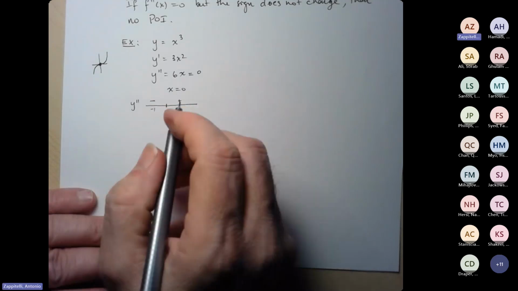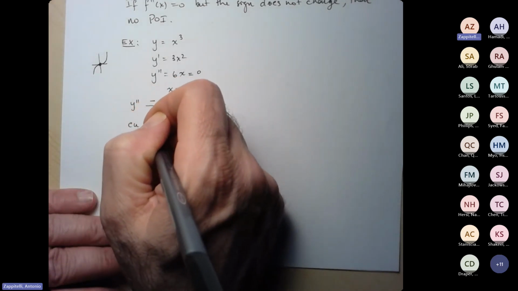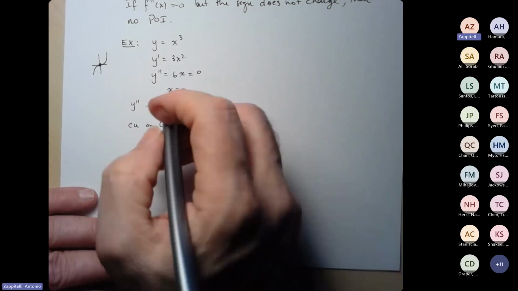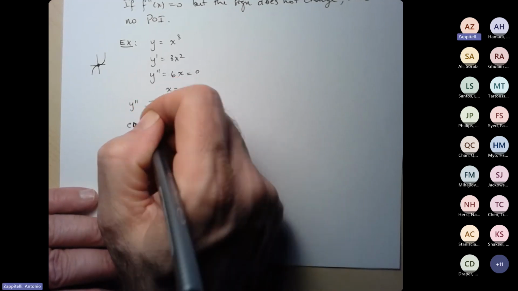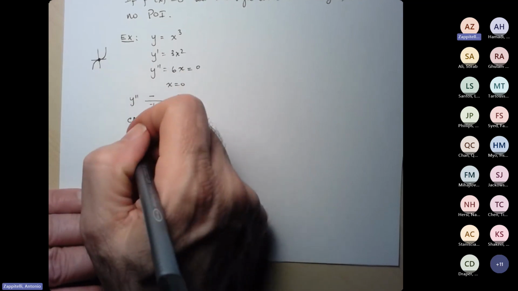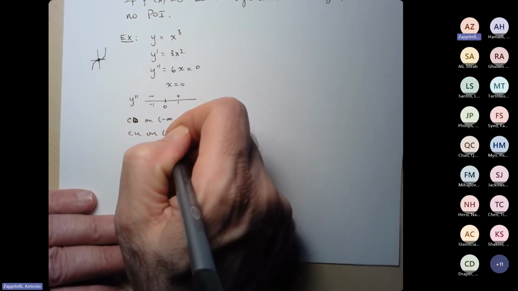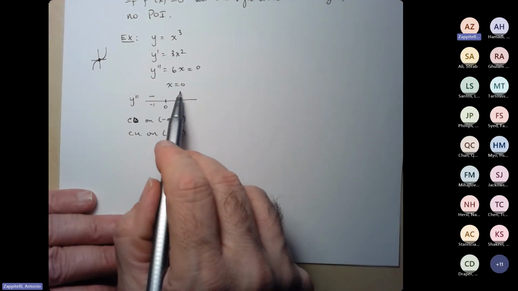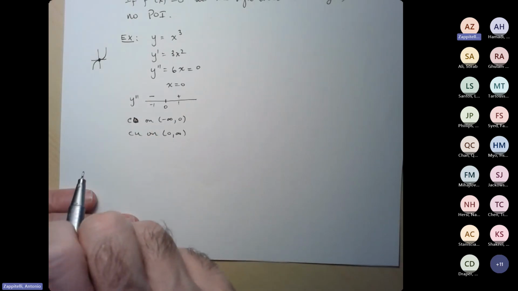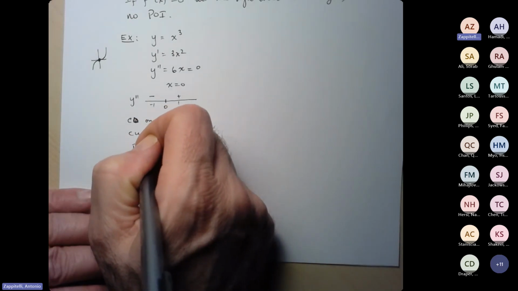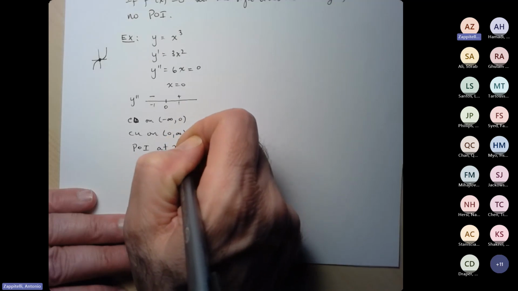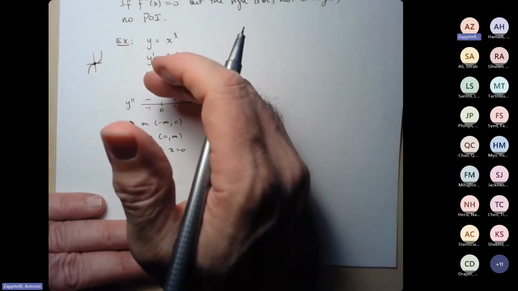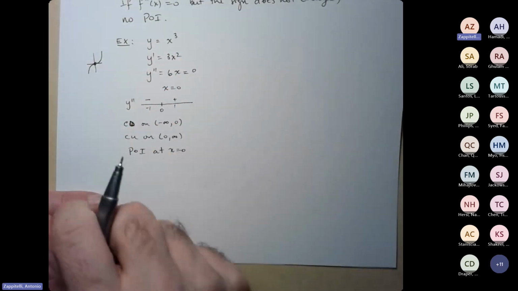So based on what we're seeing here, it's concave up on -infinity to 0. Okay, sorry, concave down, because the second derivative is negative, but it's concave up on 0 to infinity, because to the right of 0, the second derivative is positive. And that's exactly what we expect. And we have a point of inflection at x equals 0. Okay. So I followed the strategy and showed that there's a point of inflection.